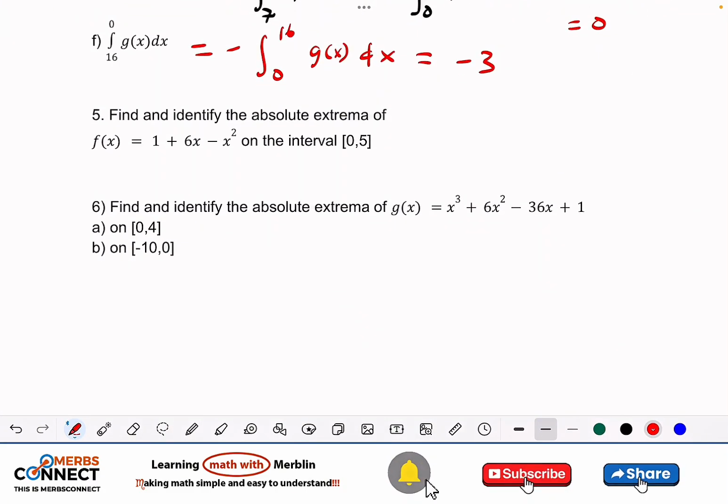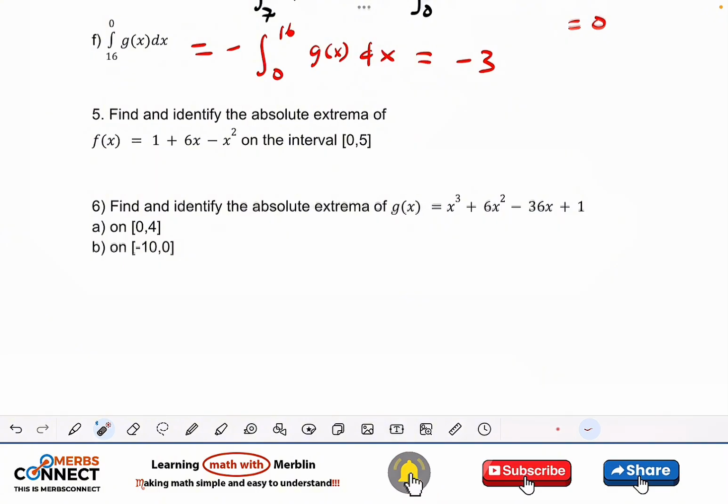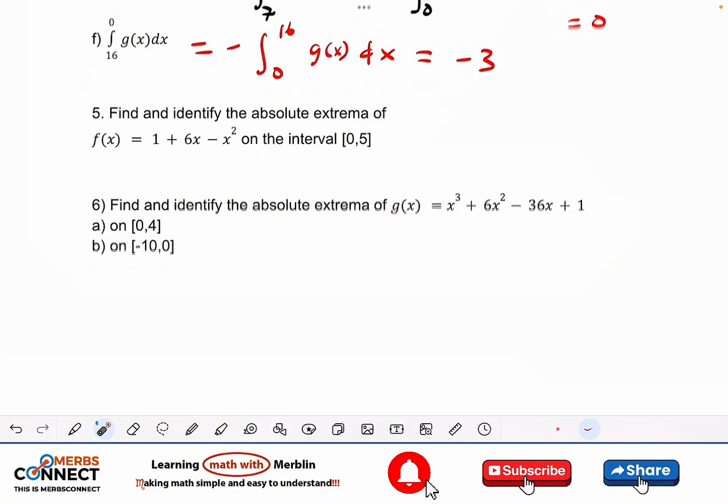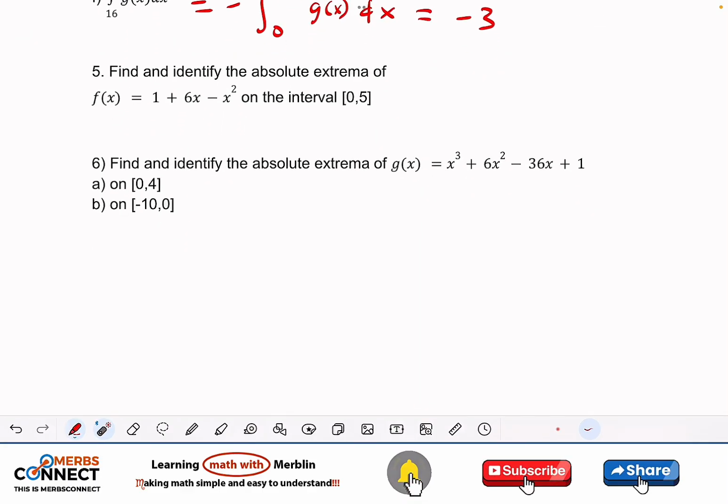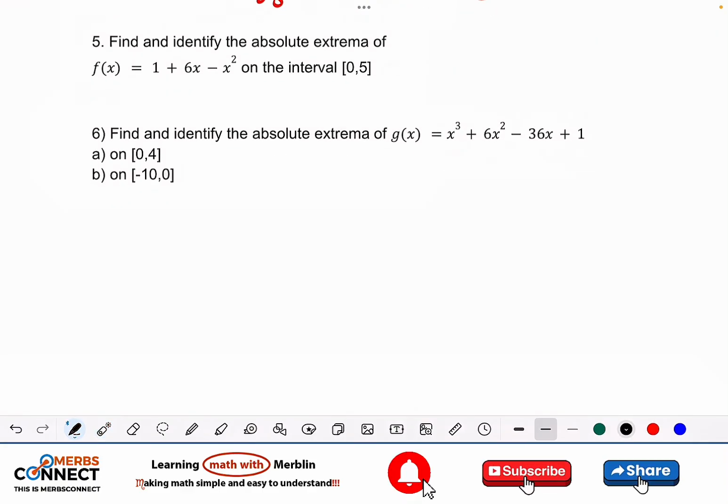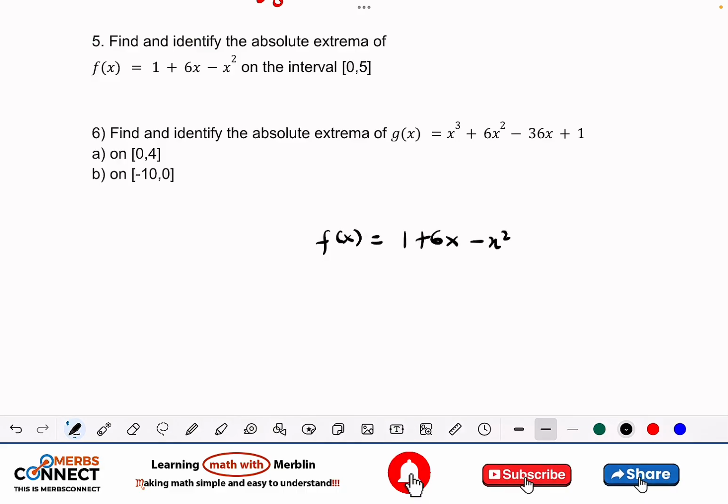Now let's look at 5. So 5, we want to find and identify the absolute extrema, right? With the process, first we need to differentiate and find critical values. Now they've given us f of x equal to 1 plus 6x minus x squared with a domain 0 and 5.